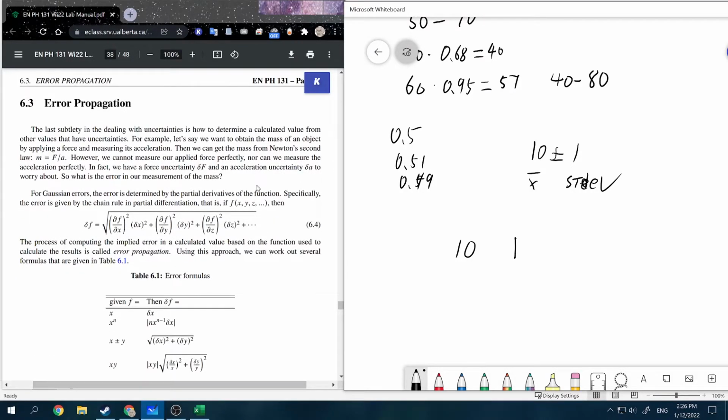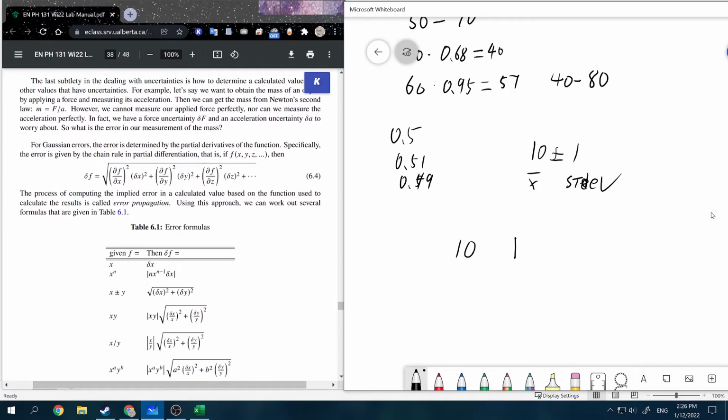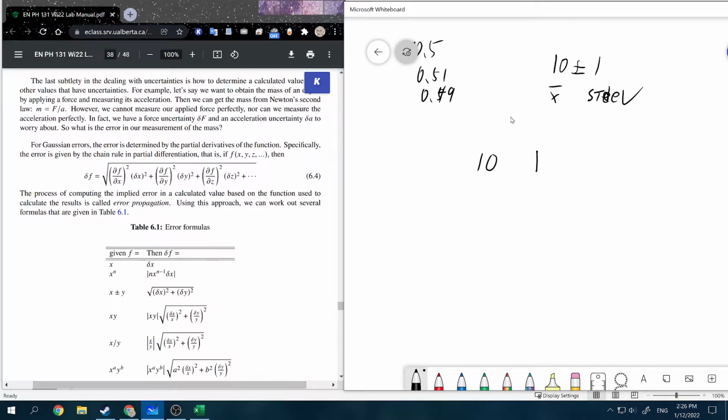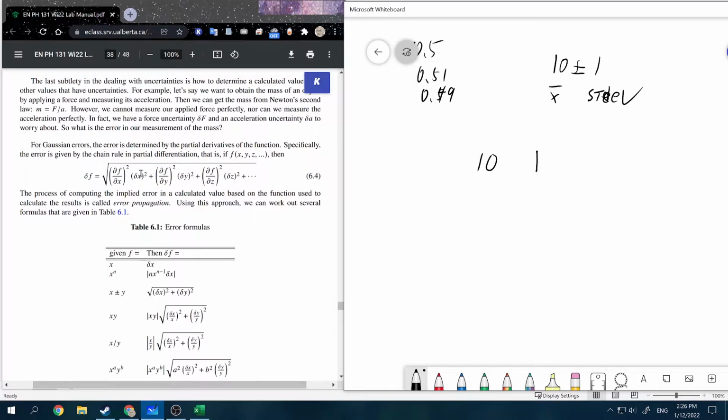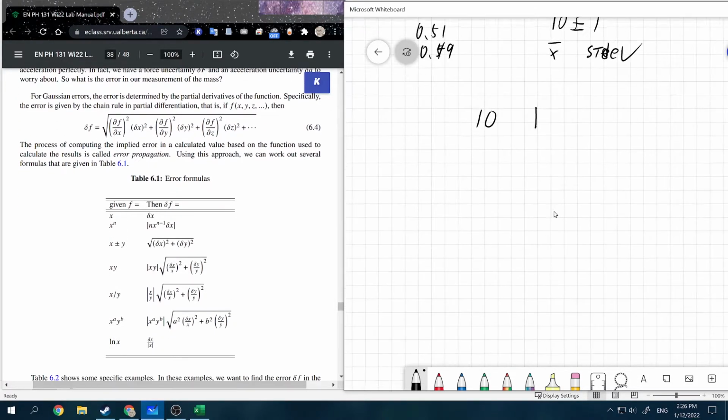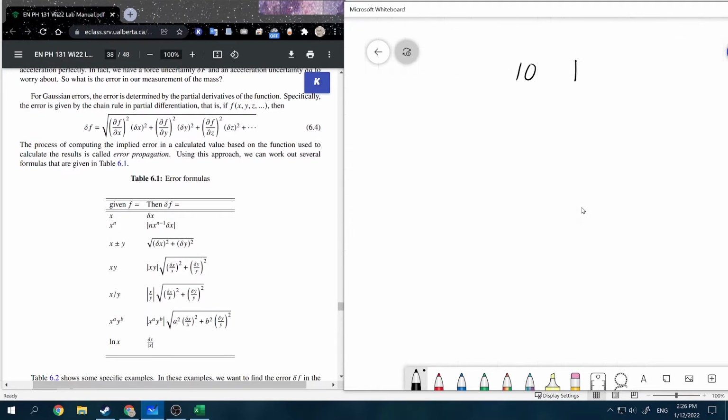The difficult part is how to do error propagation. There are different ways to do error propagation. The way that you should be doing is using a master formula. You're expected to know derivatives by now, so the derivative of x to the power n equals n x to the n minus 1.